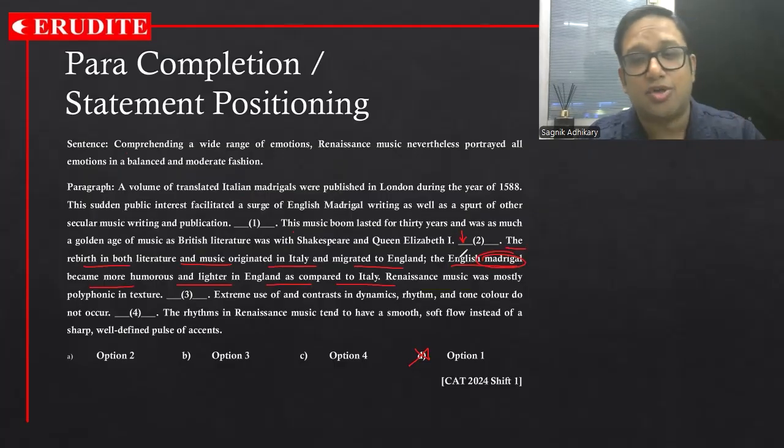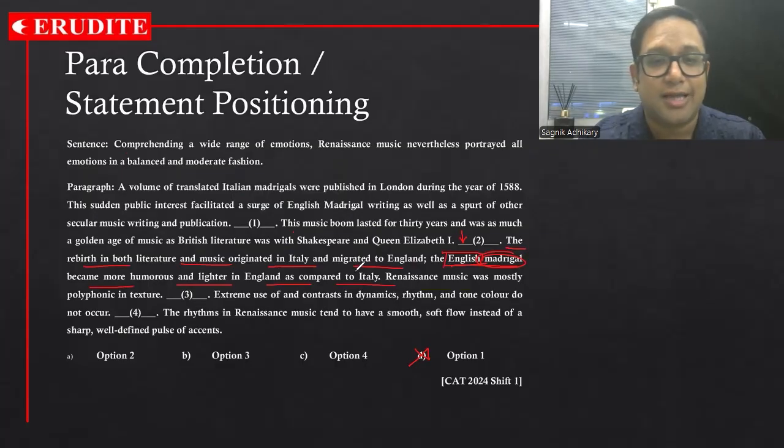Also, there's still this context of English madrigal and Italian madrigal, Italian writing, the Renaissance migrating from Italy to England. So we see here that the given sentence, first off, has a general subject. Second off, talking about emotions does not fit in blank 2. The statements after blank 2 are still talking about the same old thing as the statements before blank 2. So blank 2 is also eliminated. We can rule out option A.